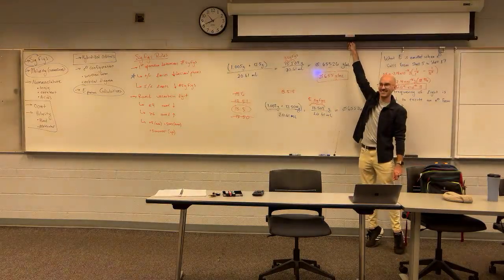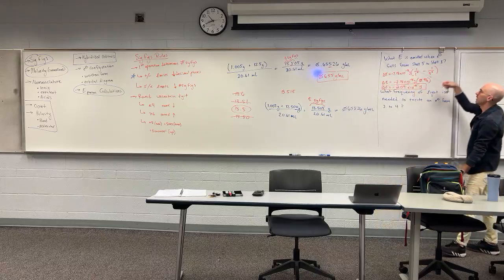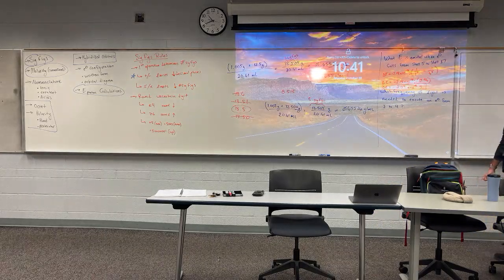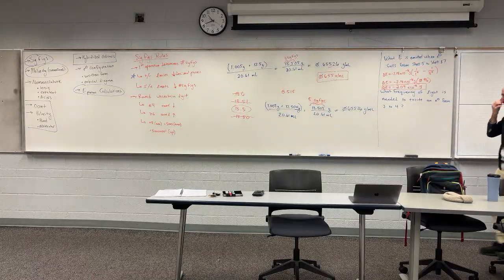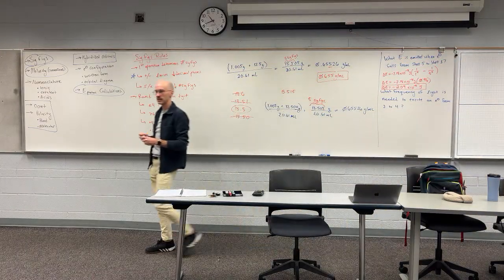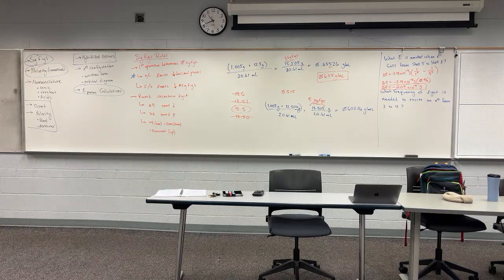See if you can plug in for those three equations and find the frequency of the light. Feel free to collaborate, work with each other, or raise your hand if you want some direction.